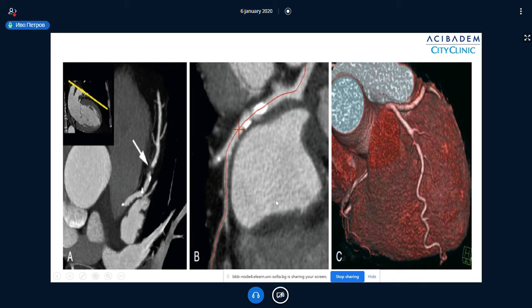This is a very nice example showing a critical stenosis of the left anterior descending. This is a coronary angio.